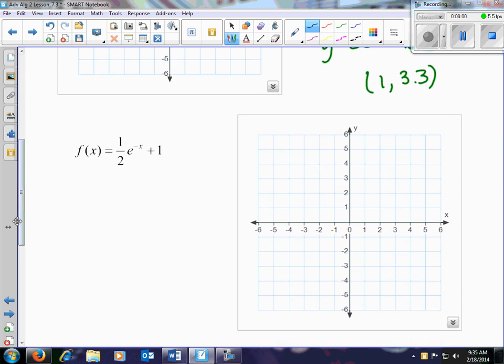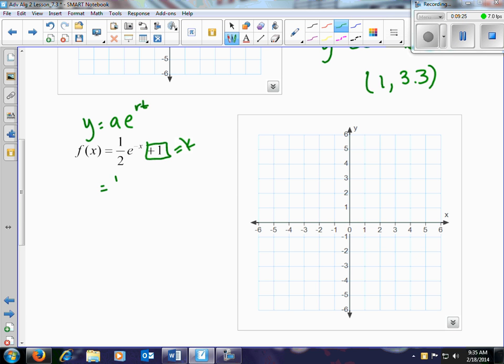Now the next one. We have our y equals ae^(rt), and then we have a plus 1 at the end. And remember, our plus 1 is just going to be our k value. So, first things first, I'm going to decide if it is a growth or a decay. Now I have negative x.